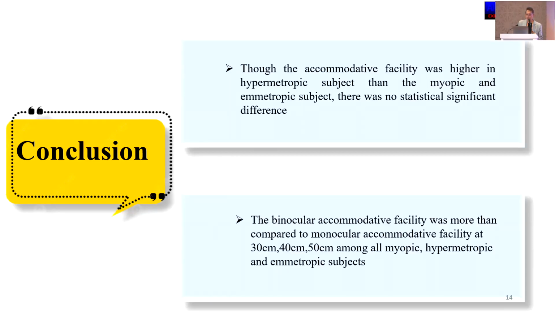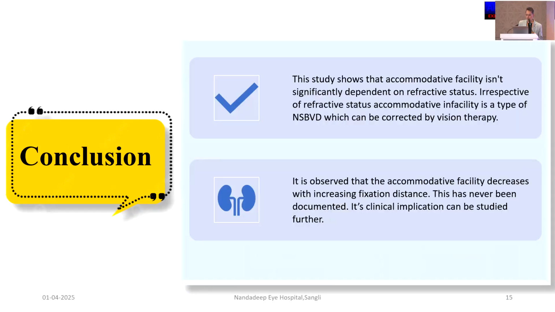The binocular accommodative facility was always more, as expected, as compared to monocular accommodative facility at all distances in all groups. This study showed that the accommodative facility is not significantly dependent on the refractive status, and irrespective of refractive status, the accommodative facility can be corrected by vision.